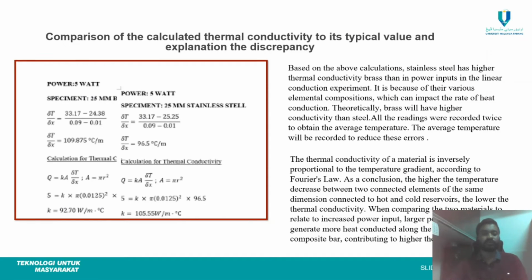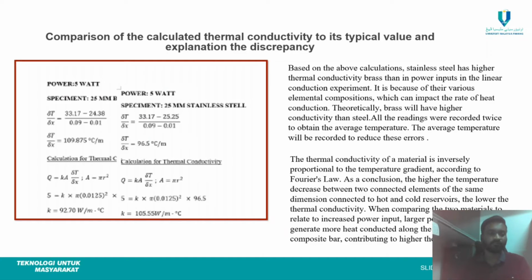Okay, next we move on to discussion number 4, which is the comparison of the calculated thermal conductivity to its typical value, and the explanation of the discrepancy in the data. Based on the above calculation, stainless steel has a higher thermal conductivity in the power inputs of the linear conduction experiment.